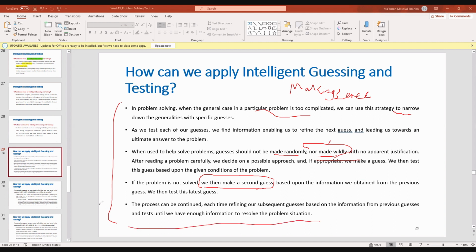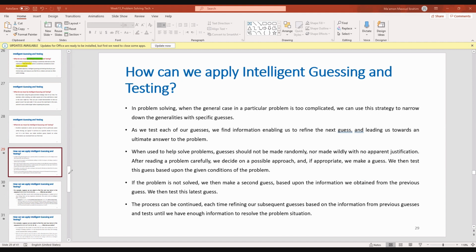So the most important thing is that your guesses should be wide and make sense until you reach the correct answer. Now we have an example in the next slide.